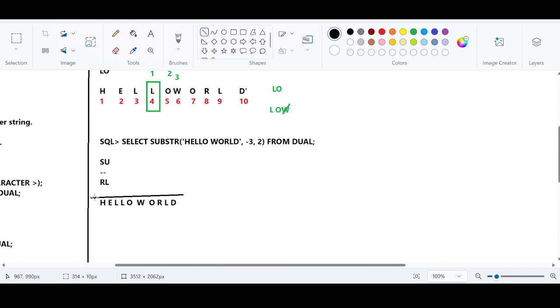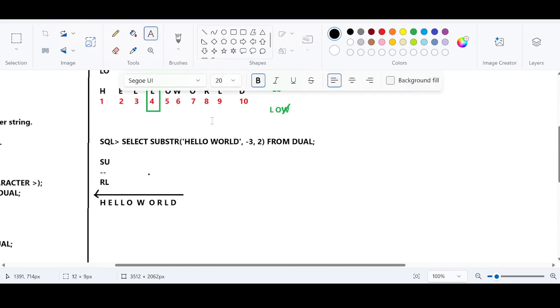So when you use the negative sign, negative of 3, the count is starting from -1, -2, and you have -3. The count is starting like this: minus 1, minus 2, minus 3, and it goes on.